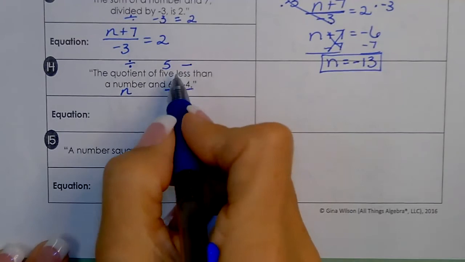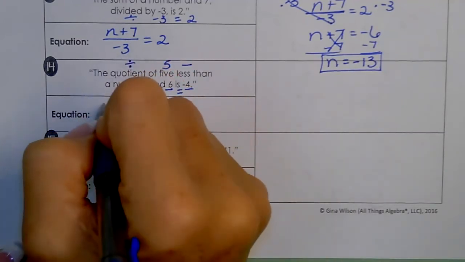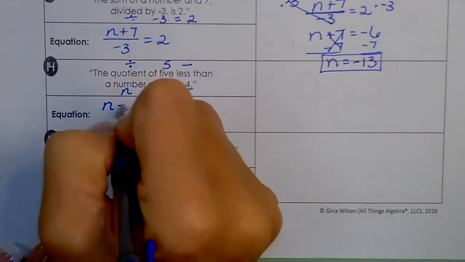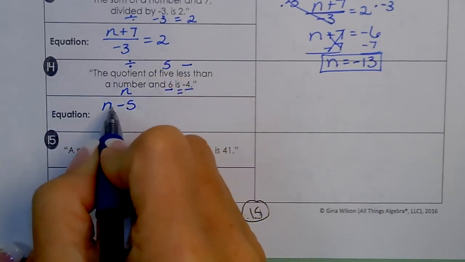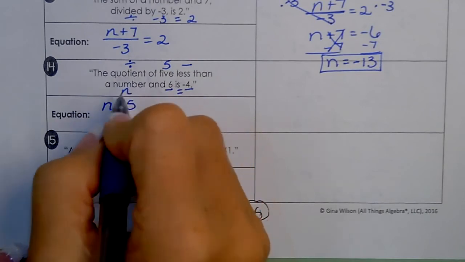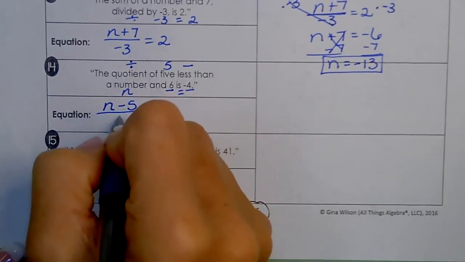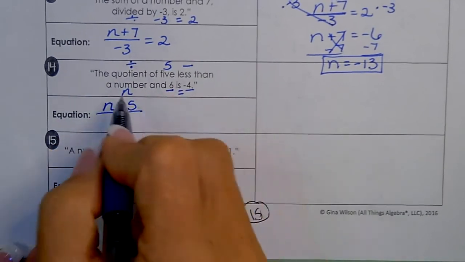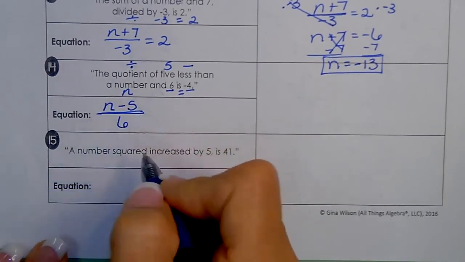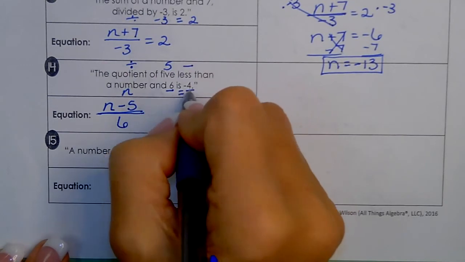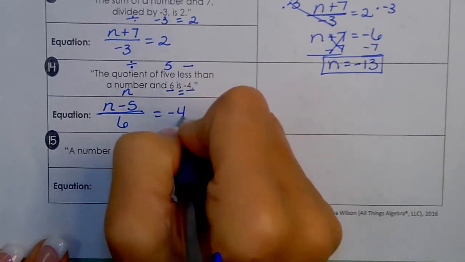So let's start with 5 less than a number. Well, that'd be a number, and then you take 5. That'd be 5 less than this number, and it's the quotient of that and 6. So here's your 5 less than a number divided by 6 is -4, equals -4.